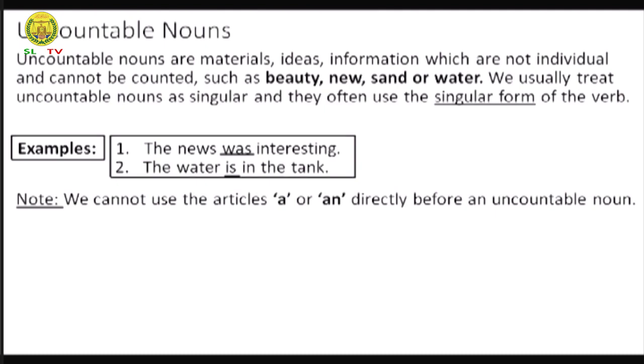This means they can't take the plural form. So maxaan ka faa'iidaysanaynaa uncountable noun? Qaacidadu waxa weeyaan, the rule is uncountable nouns cannot take the plural form. It is always singular.